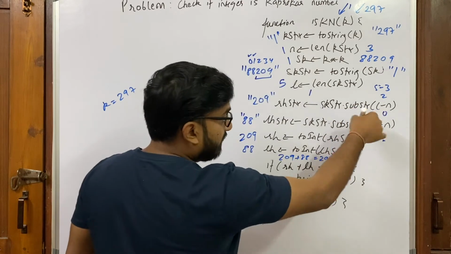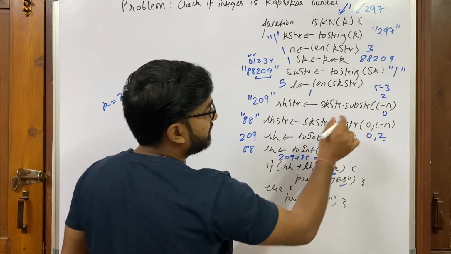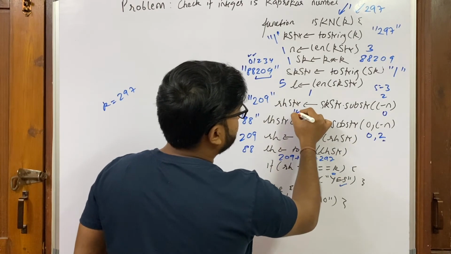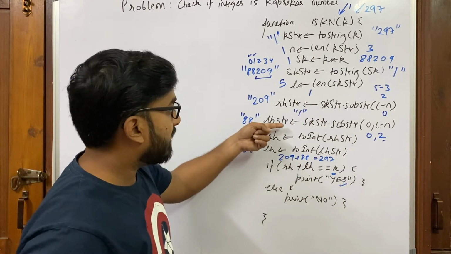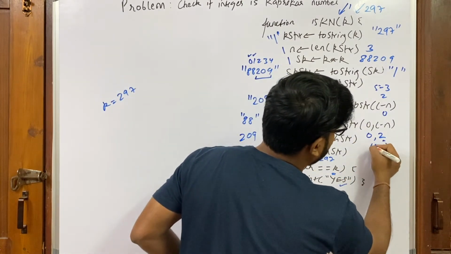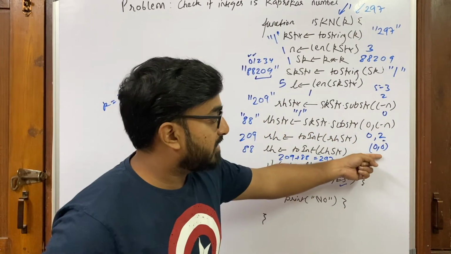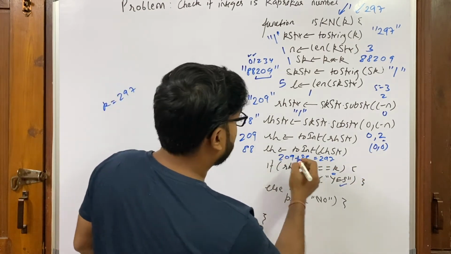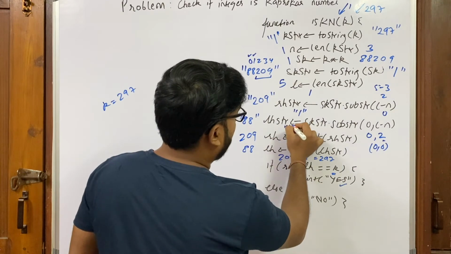So you get the entire skStr since you are finding the substring from index 0. So rhStr is 1. For lhStr, you do 0 till L minus n, so 0 till 0. In this case, you get a blank string because both indices are the same.